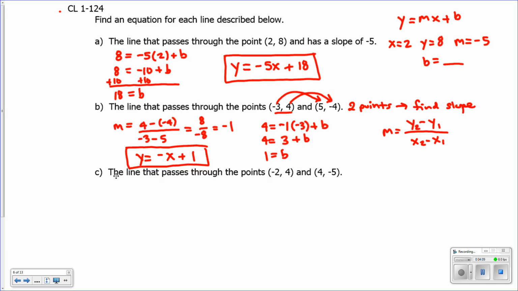Last but not least, letter C, the line that passes through the points (-2, 4) and (4, -5). Let's do the same thing we just did above.